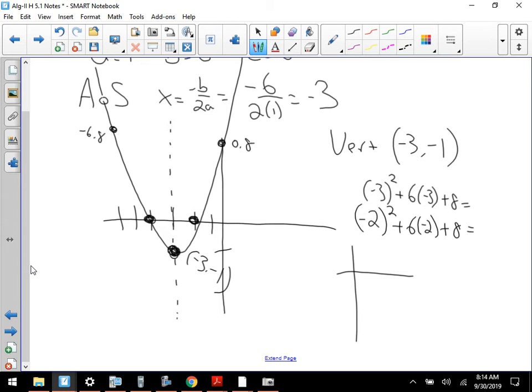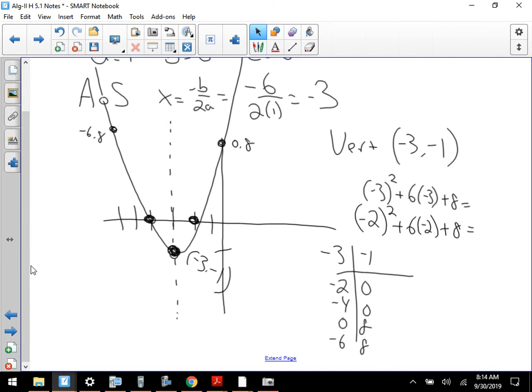One set of symmetric twins we had at -2 and 0. The other one was at -4 and 0. Then we got a real easy one at 0, 8 and -6, 8. So we have vertex -3, -1, and then 2 sets of symmetric twins. Okay? Not terrible, is it? I'm pretty sure most of you guys have graphed via standard form before. Does that look somewhat familiar? Good. Let's try another one then.